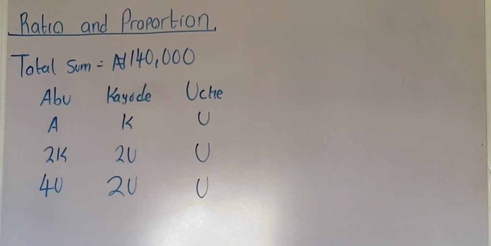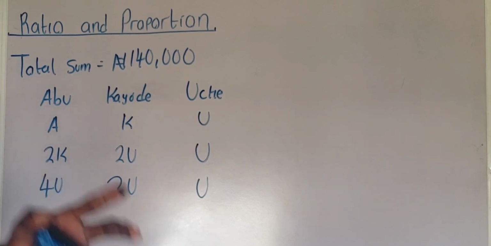Is that not it? So we share the money in the ratio of 1:4. But if we sum all our shares, it must be equal to the total amount of money that was shared. Is that not it?